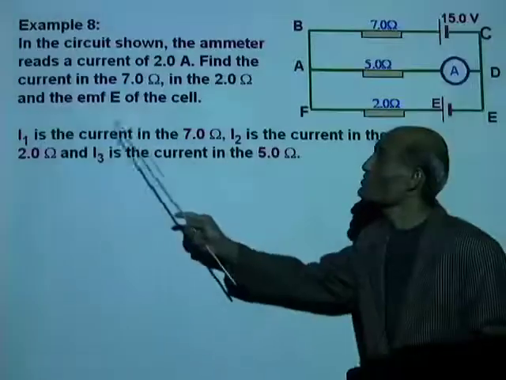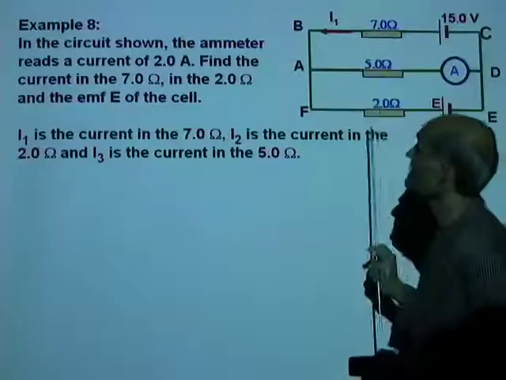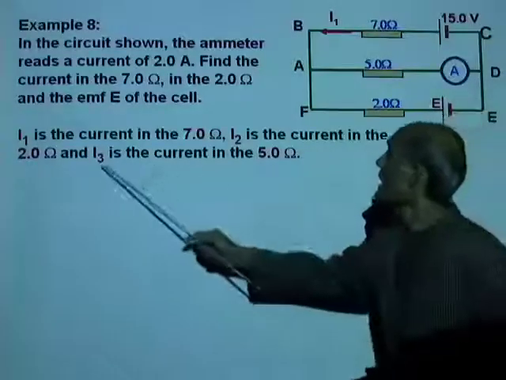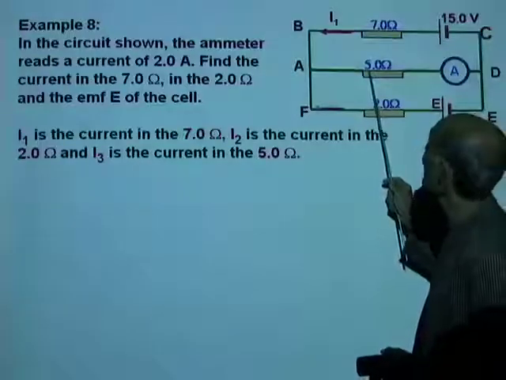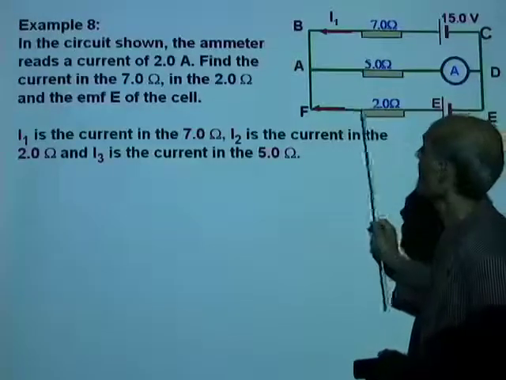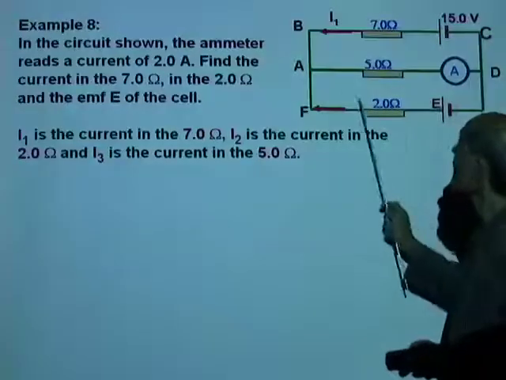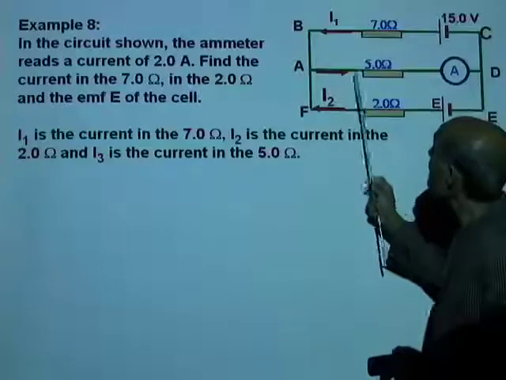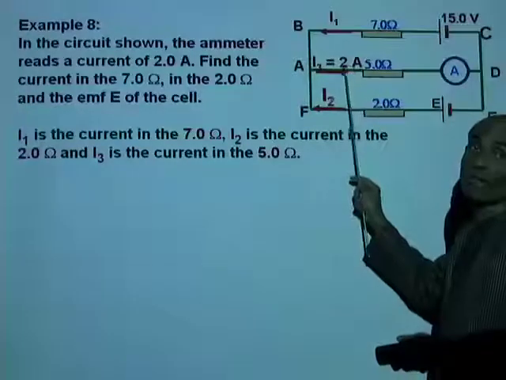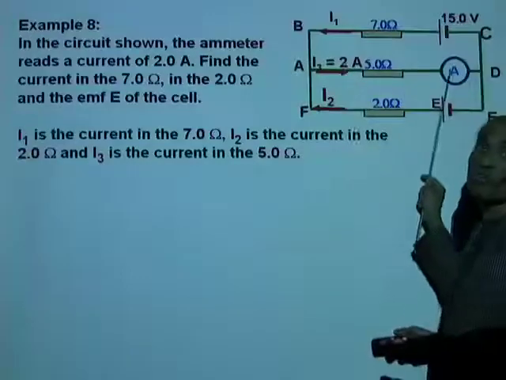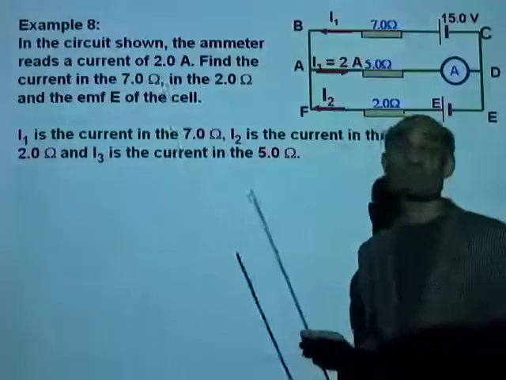So let's start assuming that I1 is the current through the 7 ohm, I2 is the current through the 2 ohm and I3 is the current through the 5 ohm. Well, the current through the 5 ohm we know is 2 ampere, it is given.